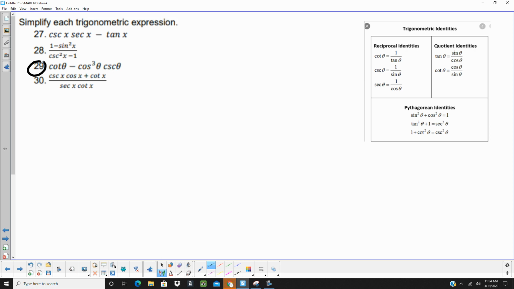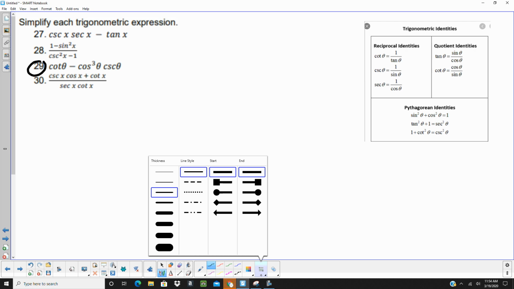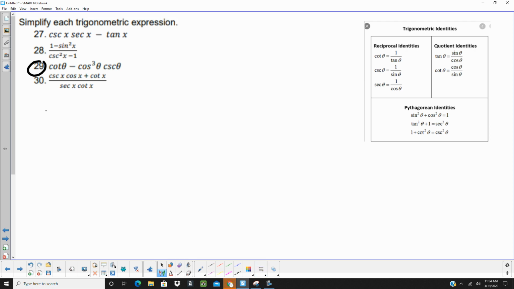Cotangent is really just cosine over sine. Cosine cubed, I'm going to leave that alone for the moment. And cosecant is 1 over sine.